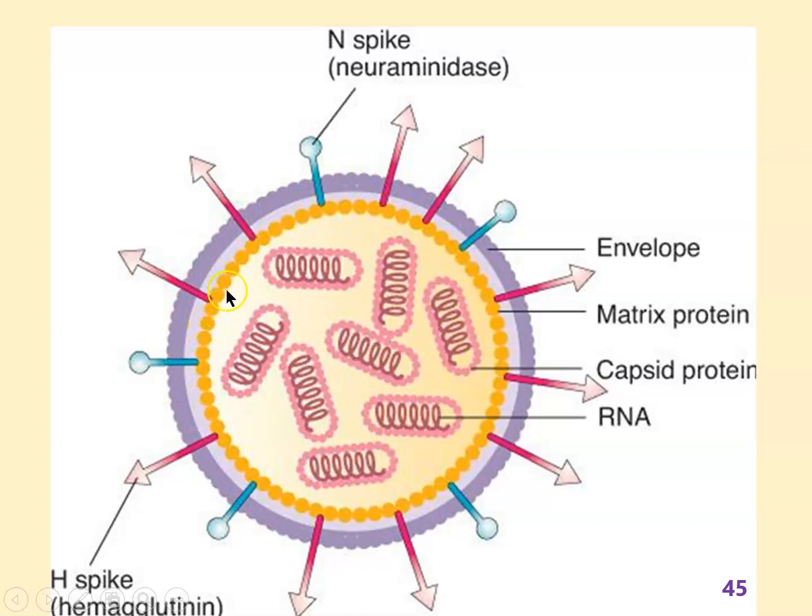And inside this is the matrix. We haven't talked much about matrix, but it's just a protein shell that protects everything on the inside, and it gives a nice anchoring point for these spike proteins. And then inside of that, in the core, so to speak, are the 8 genome segments, each one wrapped up in its own set of proteins. And I'll show you what these are like in more detail later.